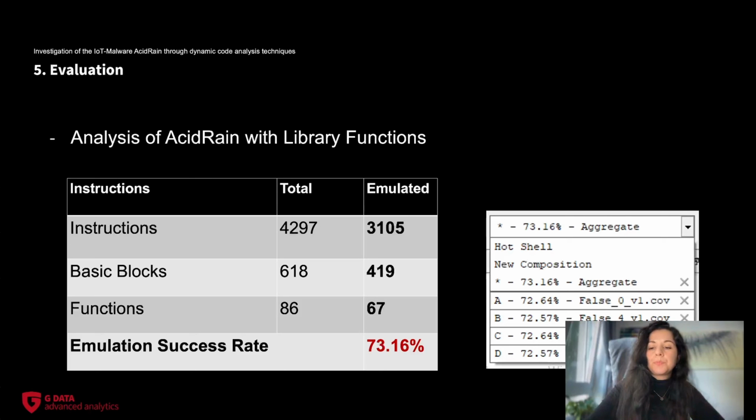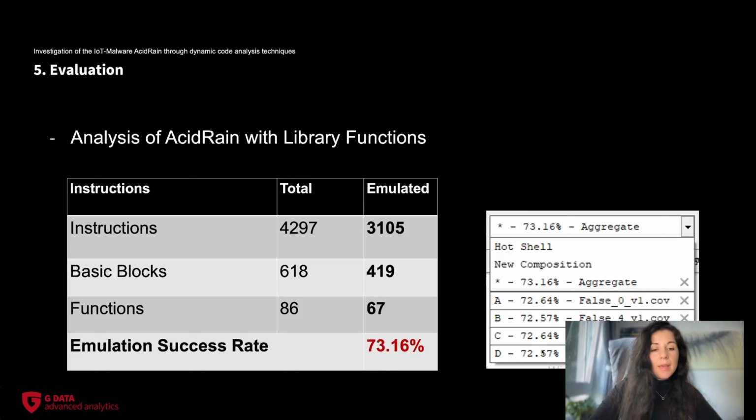AcidRain has 86 functions, and executed were 67. This is an emulation success of 73%.